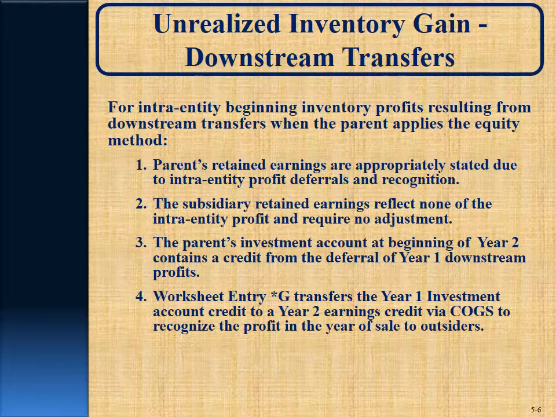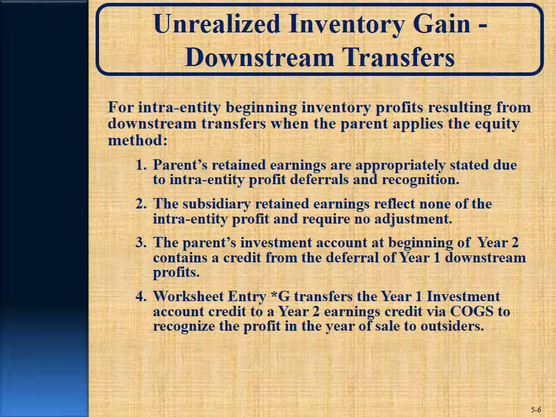The parent's investment account at the beginning of year 2 contains a credit from last year's unrealized profit. So that entry, the asterisk G, transfers the year 1 investment account credit to year 2 earnings credit via cost of goods sold.